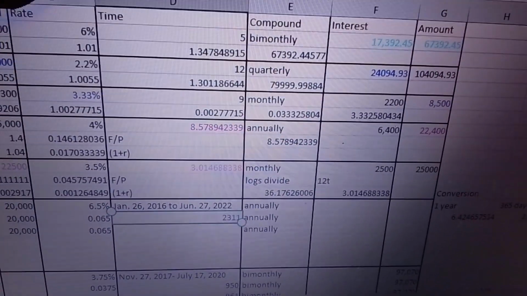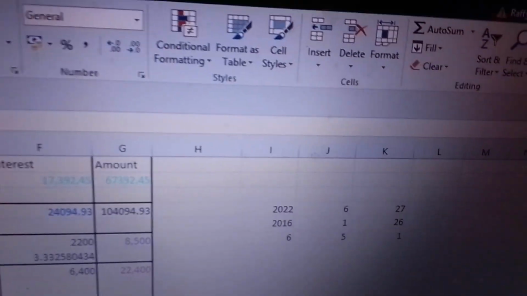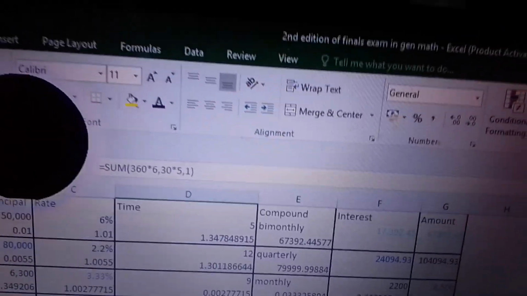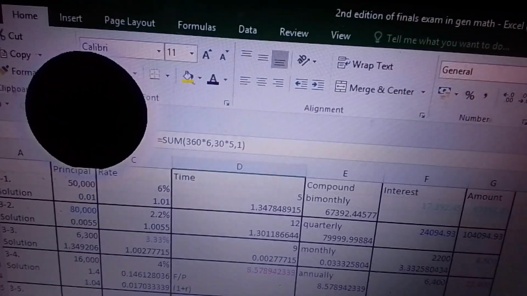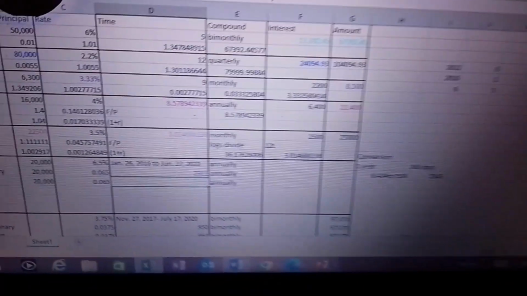So therefore, we're supposed to get 2,311 days. Paano yung formula? 360 times 6 because there are 6 years. And then 30 times 5 because 30 means 1 month and 30 days. And since there are 5 months, so 30 times 5. Then add 1 because we still have the remnant of 1 day. And that's how we get our answer.